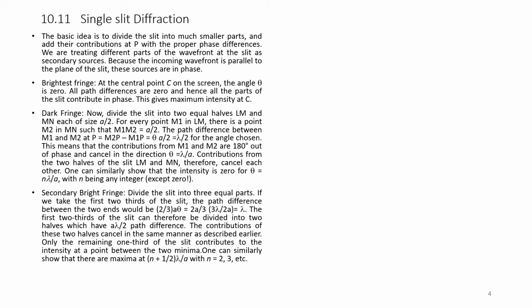The contributions of these two halves cancel in the same manner as described earlier. Only the remaining 1/3 of the slit contributes to the intensity at a point between two minima. One can similarly show that there are maxima at (n plus half) into lambda by a with n equal to 2, 3, etc. This I have already explained with the help of figures in section 10.10.